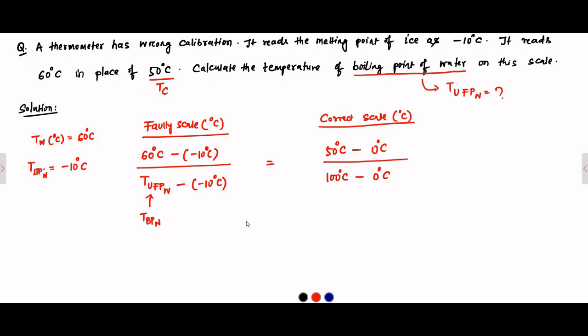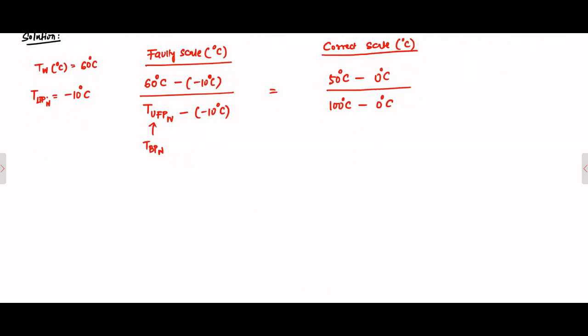So that implies 60 minus 10, that becomes plus 10, by T upper fixed point in the wrong scale or faulty scale plus 10, is equal to 50 by 100.